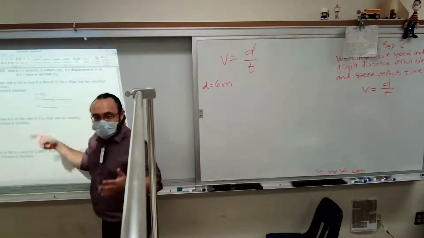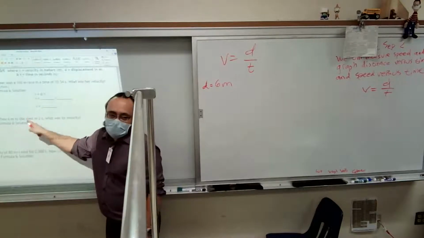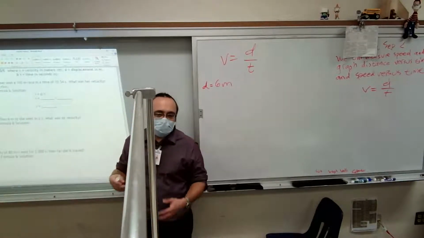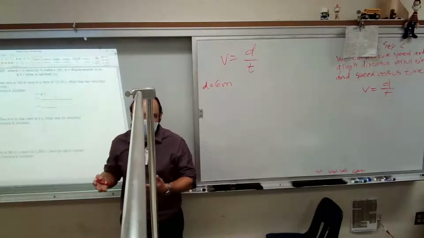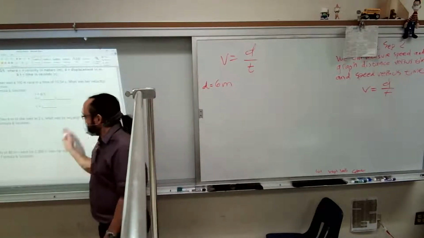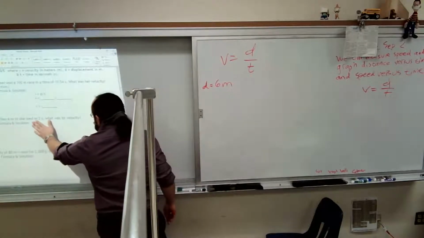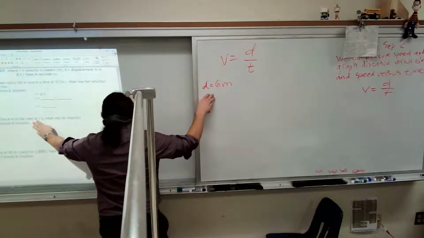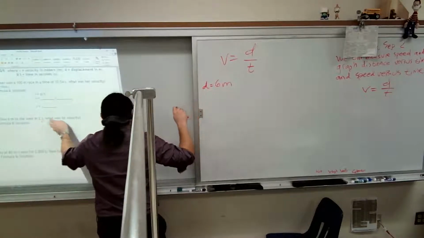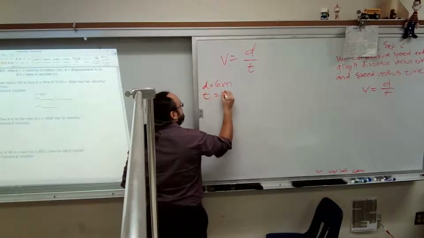We need to know the difference between displacement, which is a vector, and distance, which is a scalar. But we're not going to be distinguishing a whole lot when we're doing calculations and analysis of motion like we're doing. 6 meters to the west, that's our displacement. D equals 6 meters. Time is 2 seconds.